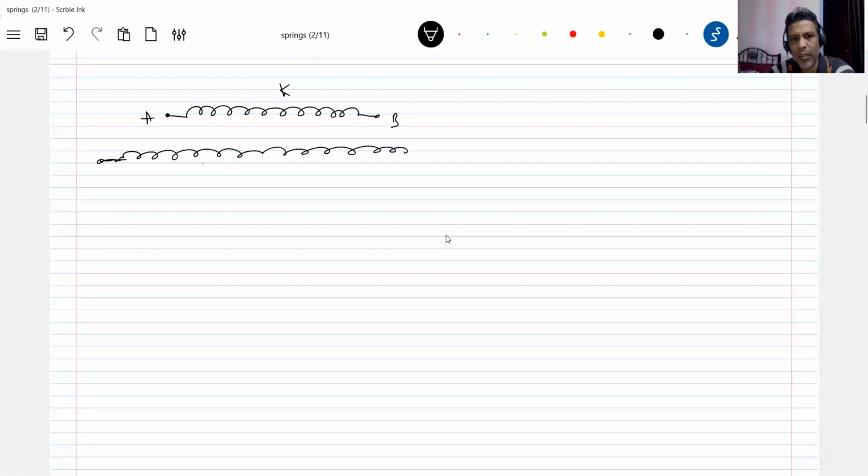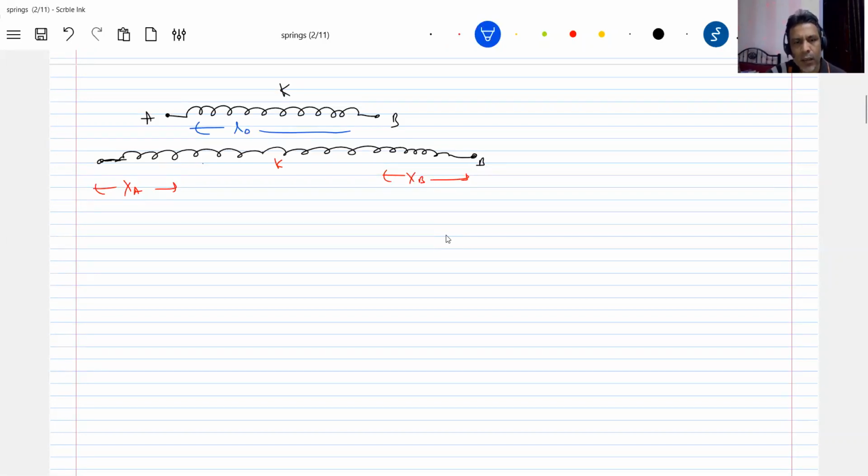Both the ends of the spring, I'll pull. So the displacement of end B is XB, the displacement of end A is XA. Now he's asking, what about the total elongation? This is the natural length of the spring. This you call L naught. So now tell me how much the spring got elongated? XA plus XB, no?